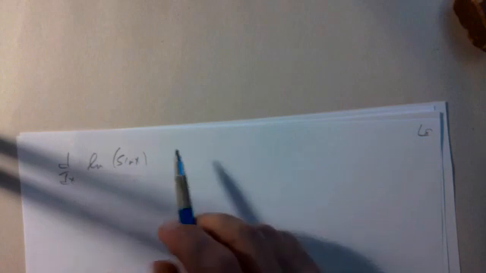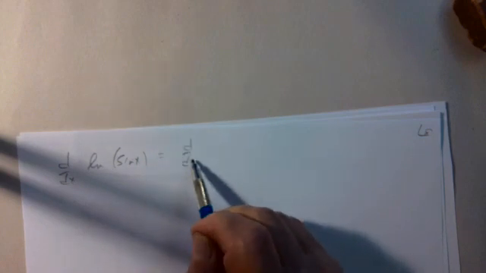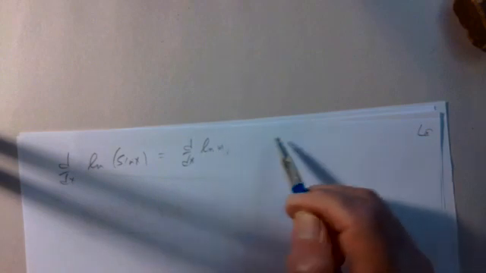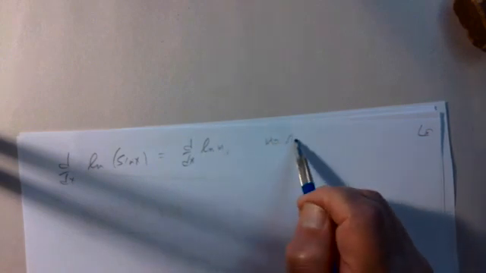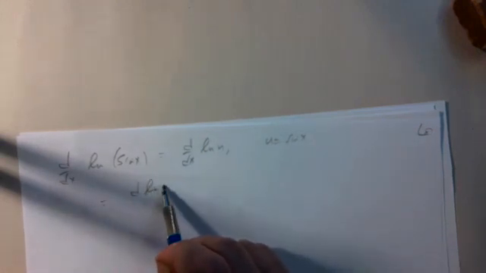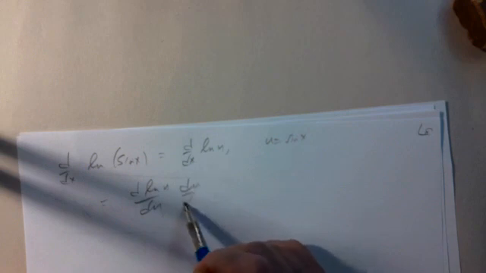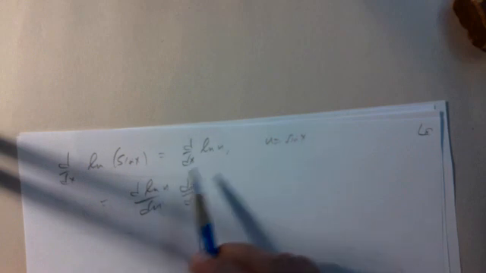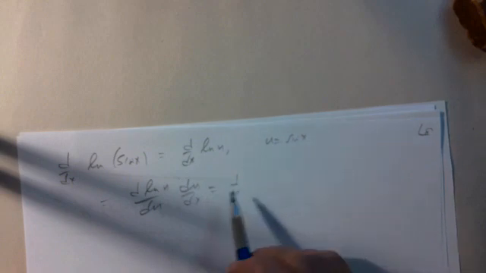Suppose we want to find the derivative of the log of the sine of x. This is a composite function. This is like the derivative with respect to x of the log of u, where u is sine x. So this is the derivative of log u with respect to u, times du/dx. The derivative of log u with respect to u is 1 over u.